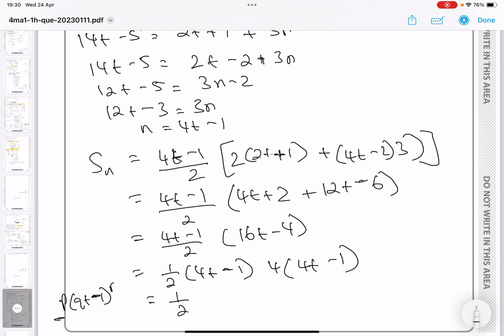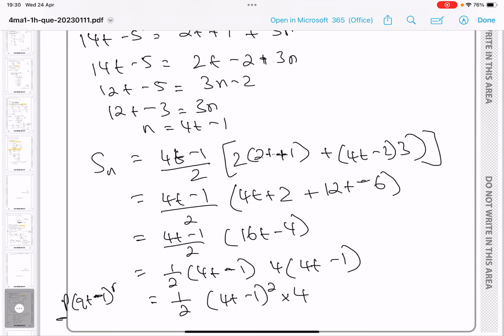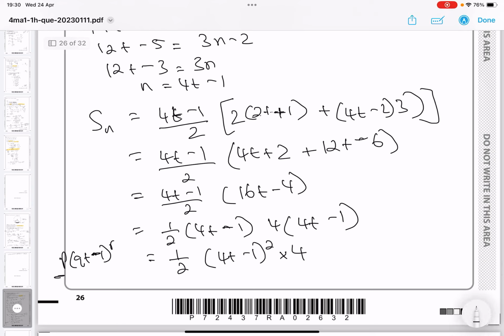Now what we have is half, and then 4t minus 1 multiplied by 4t minus 1, which we can write as 4t minus 1 squared, multiplied by 4. In other words, that's going to be 2 in brackets 4t minus 1 squared. So what I've just done is take the half, factorize 4 out of 16t minus 4, then multiply half and 4 to give you 2. And 4t minus 1, because it's multiplying by itself, you can write as 4t minus 1 squared.